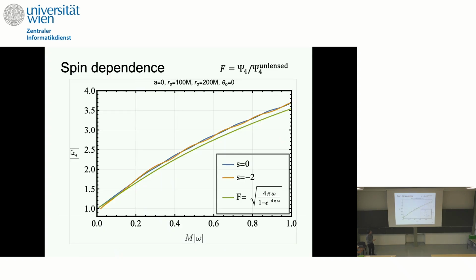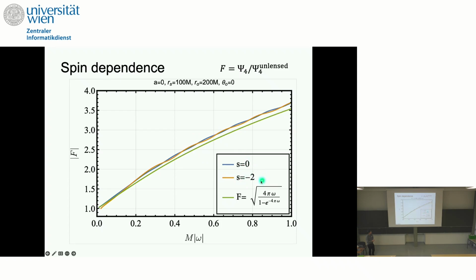And this is the spin dependence, the amplification factor. We define the amplification factor using the ratio between the lensed psi4 and the unlensed psi4. This blue one is S equals 0, the scalar field, and the orange one is gravitational waves.